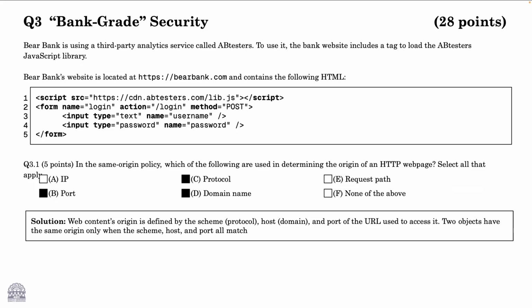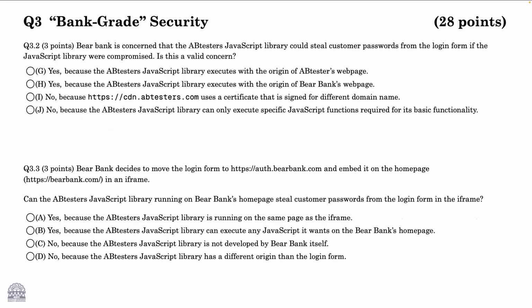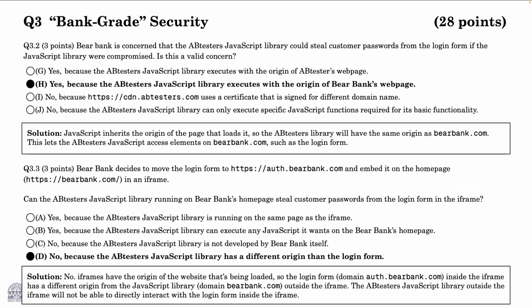So because of this, we don't check what information is being read by the source code, or what that information has access to, because we're loading it in from our website. We say that it has the same origin, and so we give it a lot more freedom on what it can do. And so that's why it is a concern. Did that make more sense?